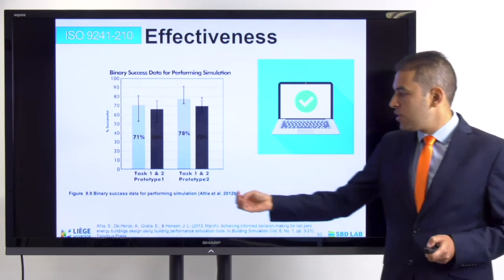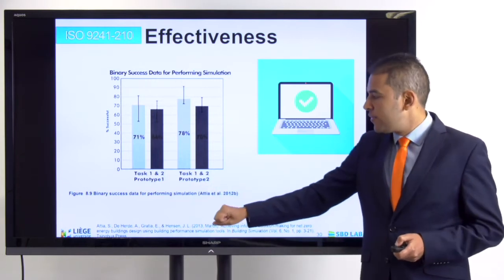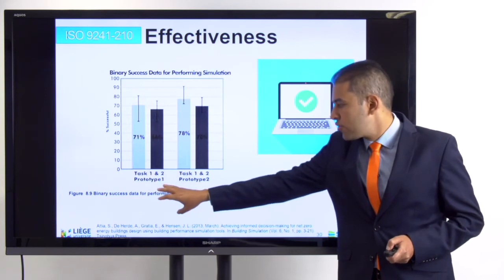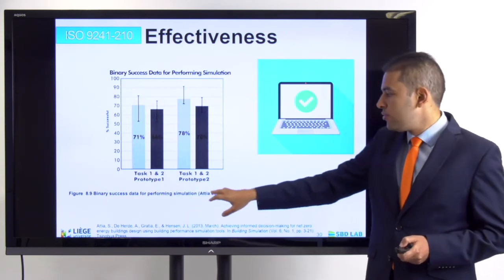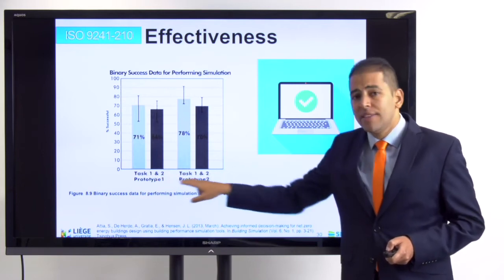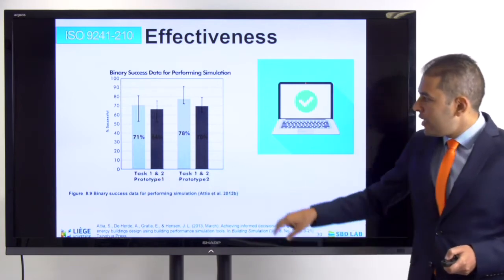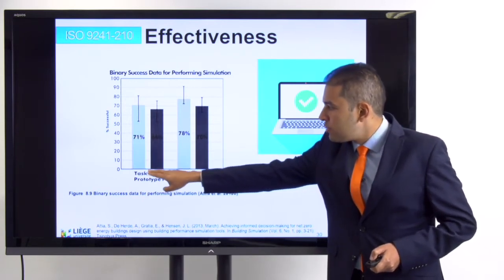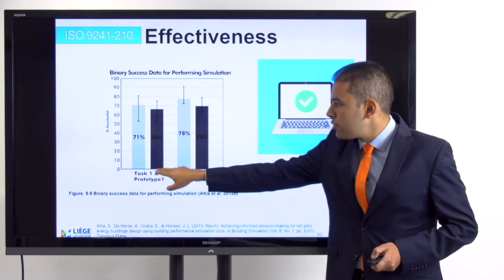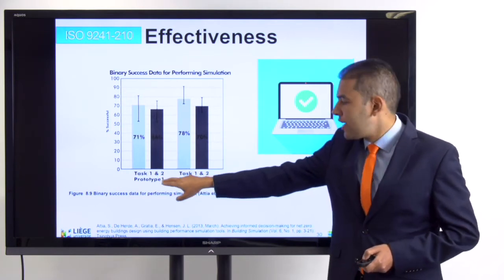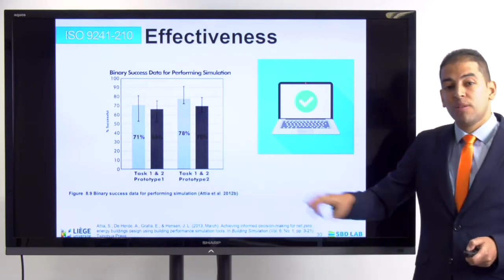For example, this was a prototype, an interface that I developed for my PhD. I had a first version, prototype 1, and prototype 2, and I asked people to complete task 1 and task 2. They are identical for both prototypes, and as you can see, in the beginning the completion rate was 71%, and then with prototype 2 it became 66%, which means that prototype 2 was worse than prototype 1.